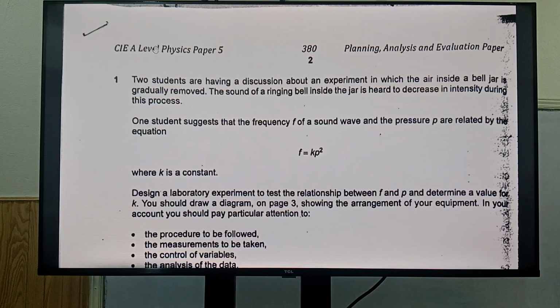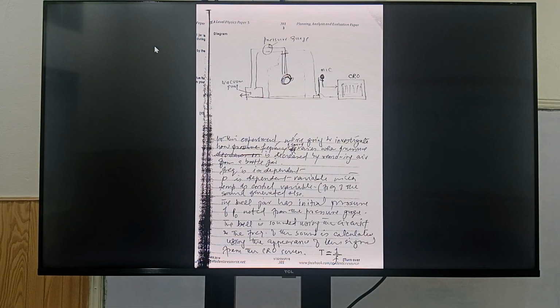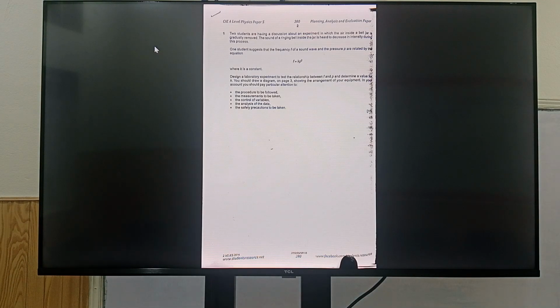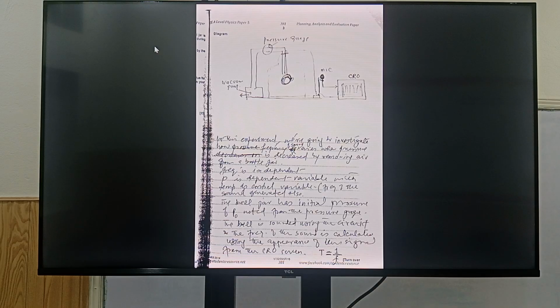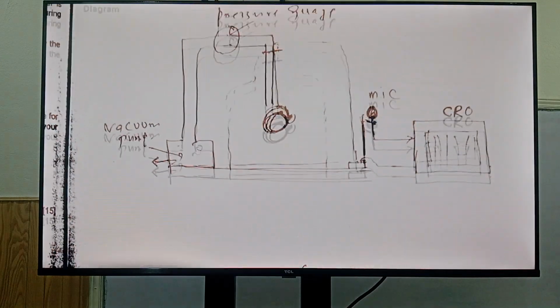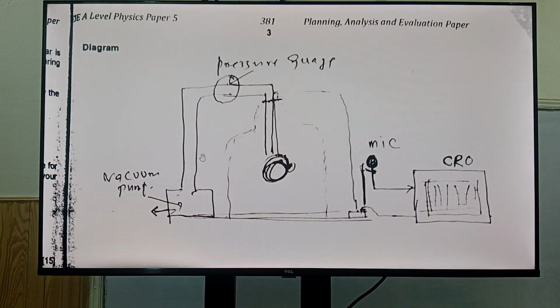Now, the details that follow on this page are not very important for you because you already know how to follow the steps to respond to this question. If I move to the next page, suppose this is a student's response in which the student has drawn this picture of the bell jar.